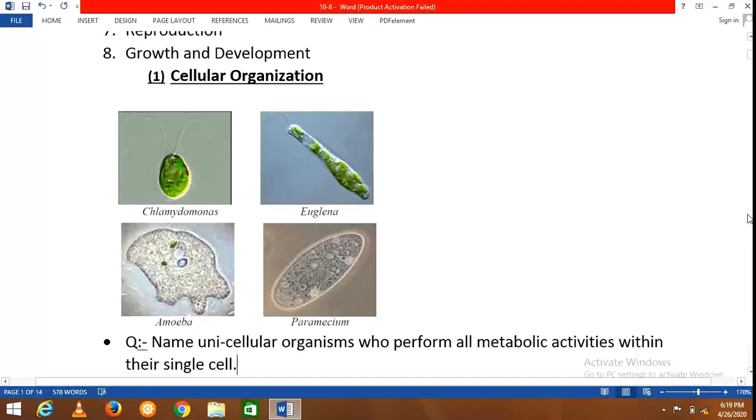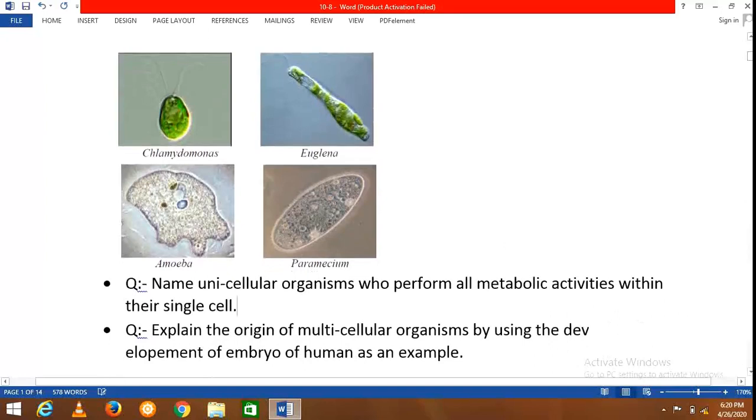Likewise, you can name so many bacteria. These unicellular organisms exhibit organelle level organization.